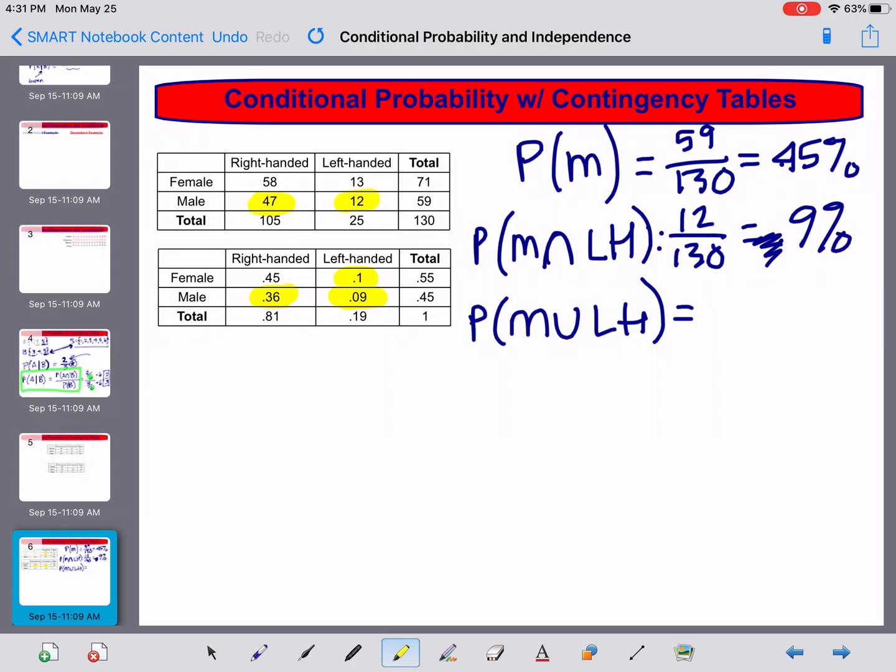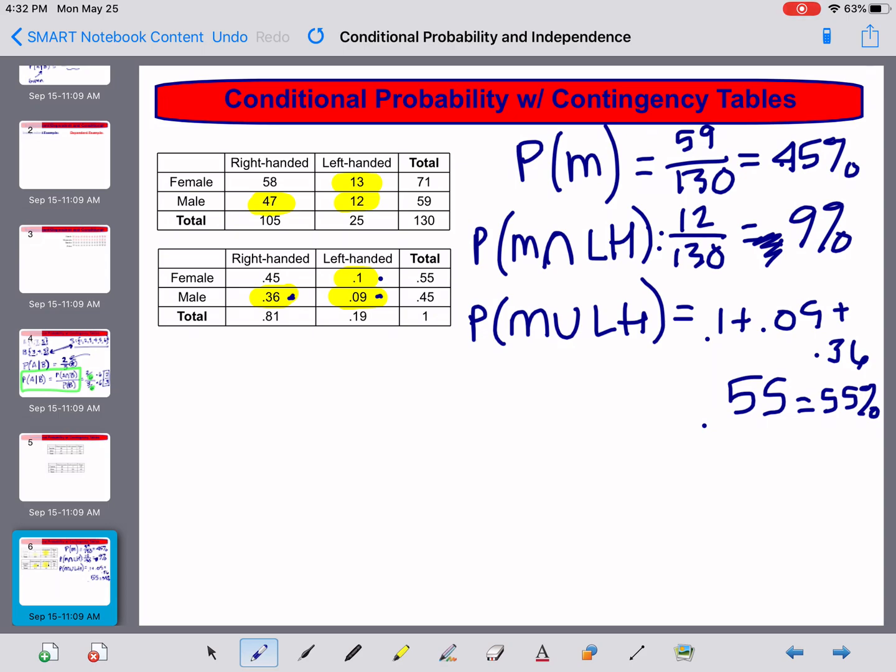So I could just add all of these pieces up, where I have 0.1, 0.09, and then add another 0.36. So I know that total would be 0.55 or 55% from that.